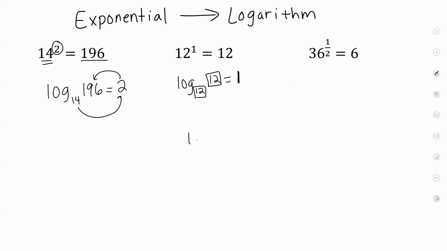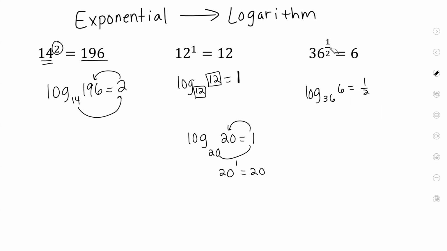So if I say log base 20 of 20, this is 1, because anything to the power of 1 is just itself. This says 36. So log, my base is 36, the answer is 6, the exponent is 1/2. That goes there. Okay, so we converted exponentials to logs.